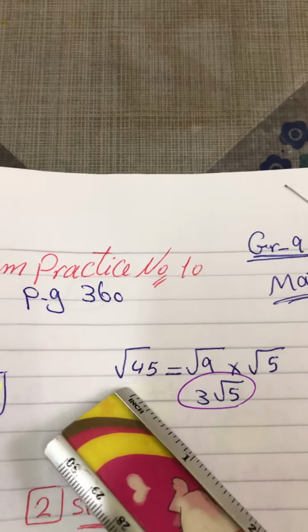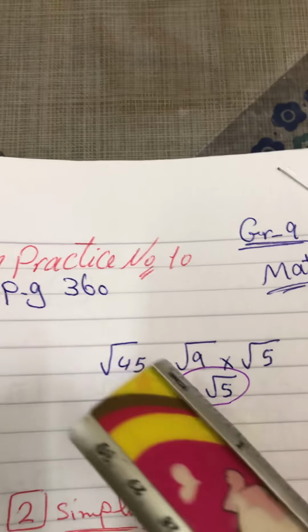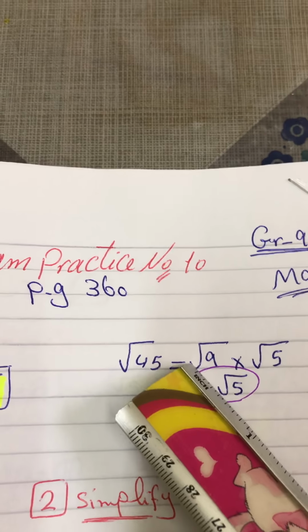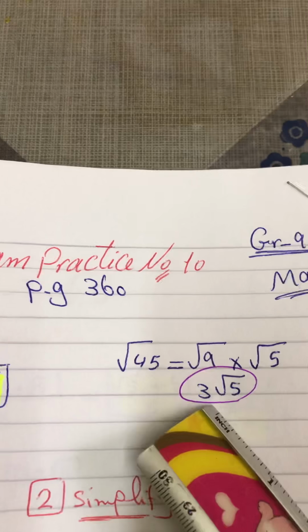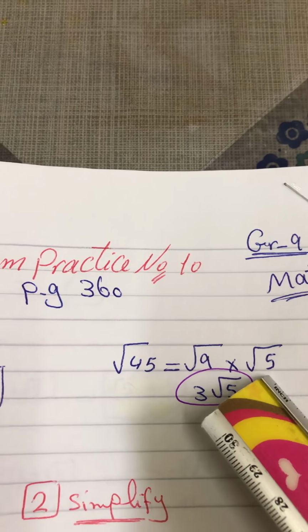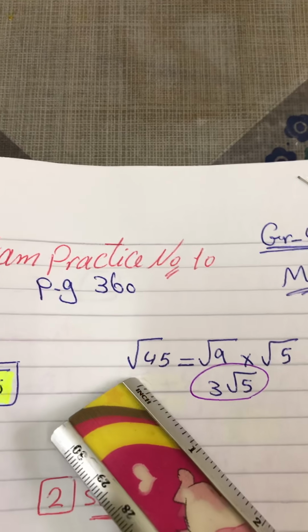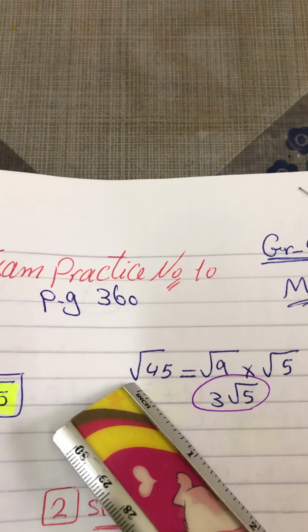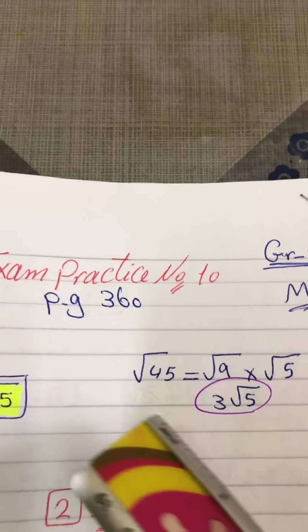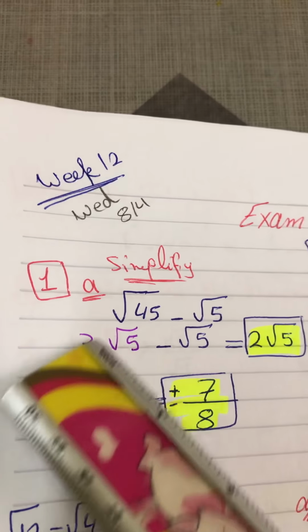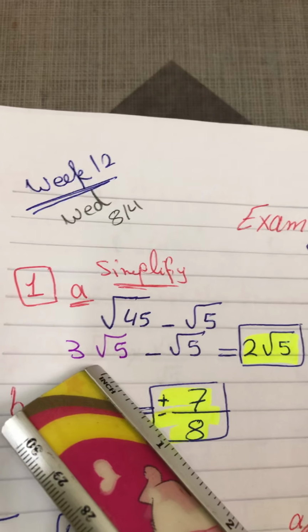So I can split square root 45 into square root of 9 times the square root of 5. The square root of 9 is 3, and the square root of 5, I'll keep it as a rational number. So I'll change 45 under square root into 3 square root of 5, like this, and substitute its value down.